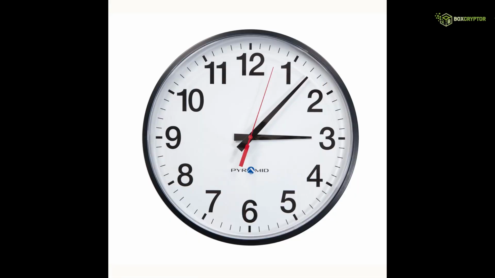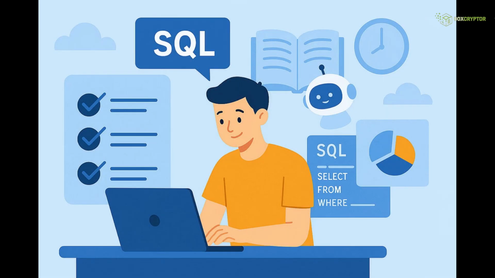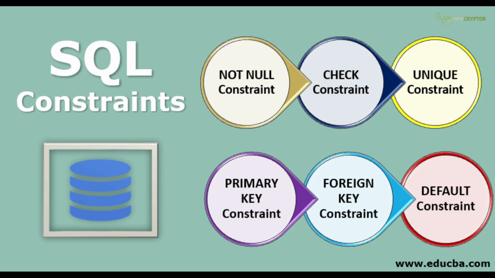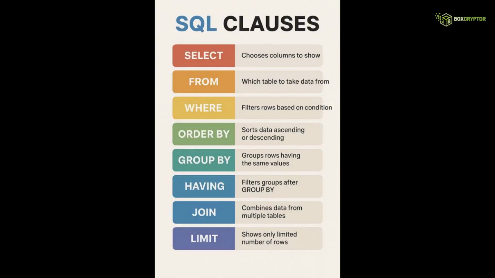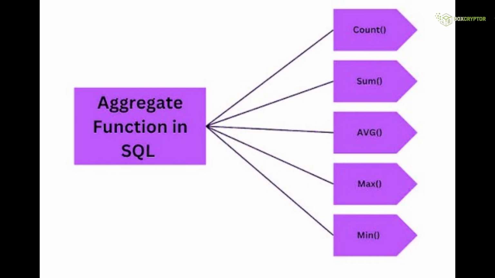In the next video, we will start creating professional database tables using constraints like a primary key or different key structures. Before that, we will understand operators and different concepts that come under database, especially clauses and aggregate functions. Let us see. So I will see you in our next video.